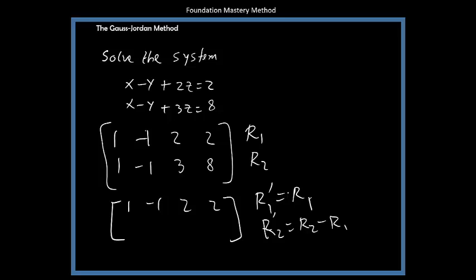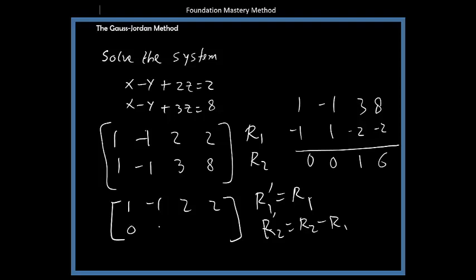So R2 is 1, negative 1, 3, 8, and minus 1 times R1 is negative 1, 1, negative 2, negative 2. When you add them, you get 0, 0, 1, 6. So I'm getting 0, 0, 1, 6.